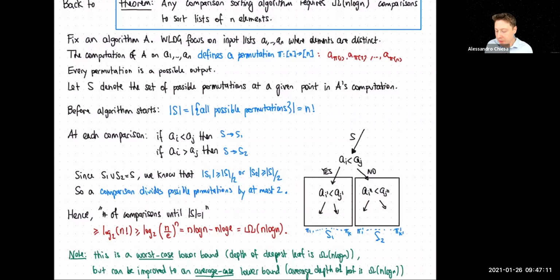It doesn't really matter what. We can just call it AI prime and AJ prime, and AI double prime and AJ double prime. We don't care what these are. I'm just trying to tell you that there's going to be a subtree here and another subtree here. At the leaves, for every possible input, there's going to be a correct permutation at the end.